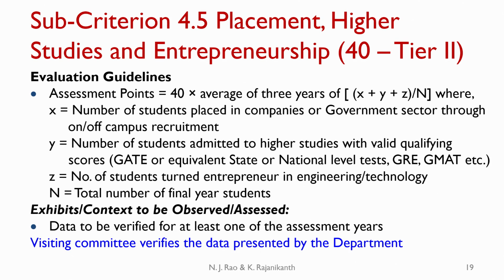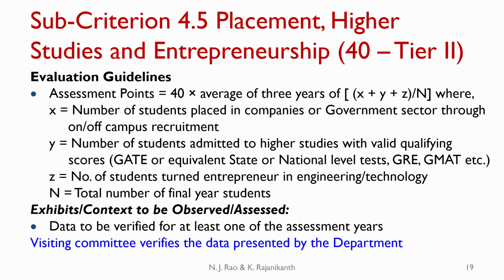Some of them will explore on their own and give interviews outside the campus and also get placement. So, the department has to collect information about both on and off campus recruitment details, and that is a feedback. Yes, all students may not properly report, but the department should make an effort to get this particular piece of information.